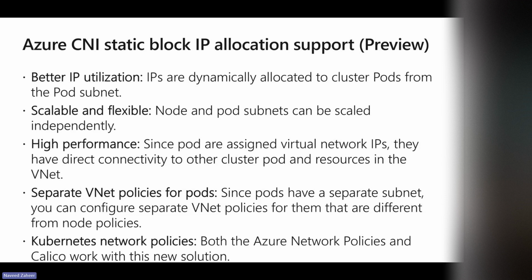And of course, if you're creating a new node pool, for the pods of that node pool you can have another subnet that you give to that node pool. Since these nodes and pods are now tied to separate subnets, you can have network policies like NSGs set up to block all traffic to the nodes, but allow traffic to the pods or allow traffic in between.